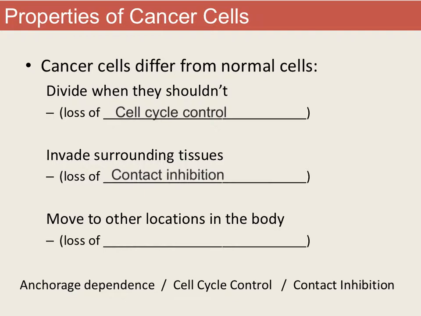Move to other locations of the body. You guys don't answer this one. Okay. Who else? What allows cells to migrate to other parts of the body? Metastatic? That's metastatic, that's moving, but what's the loss of that causes that? The anchorage dependence.